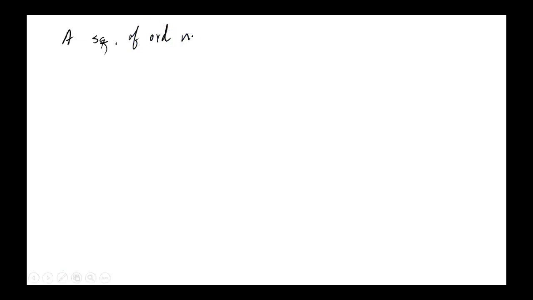Then the determinant of A is the summation from j equal 1 to n of any aij, cij, the product of those. Now, I don't do it this way. This is the technical definition.